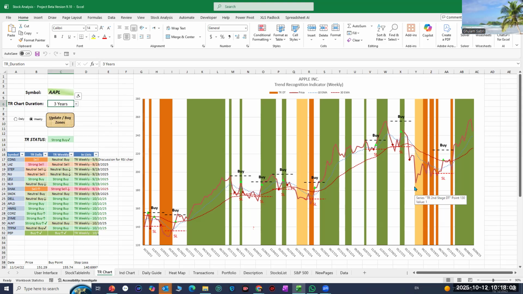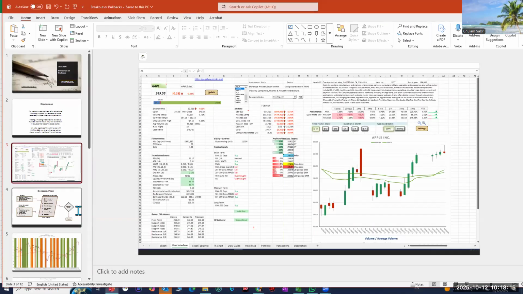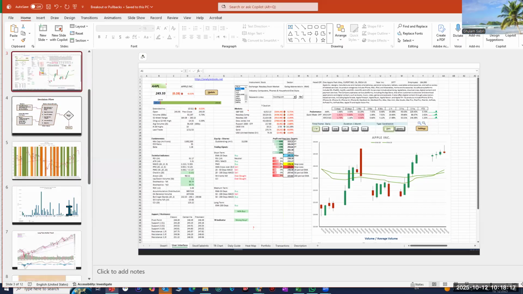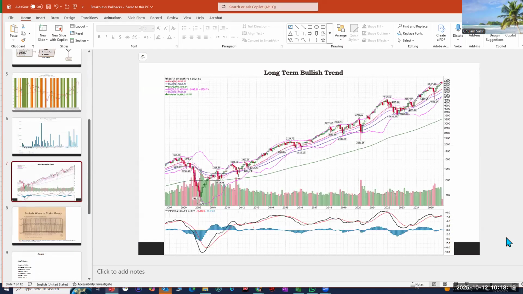Now, our strategy is generally that we also need to find out whether our general market is in a bullish trend or in a bearish trend. For that, let's go back to our presentation and let me jump to this slide. So we are in a long-term bullish trend. I hope you can see this is the S&P chart.